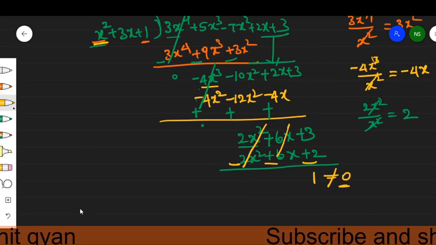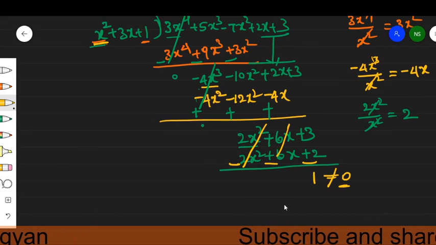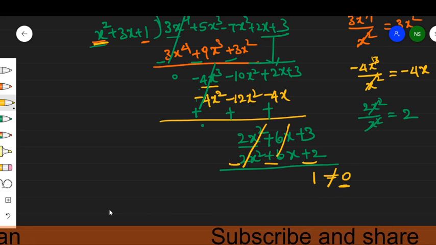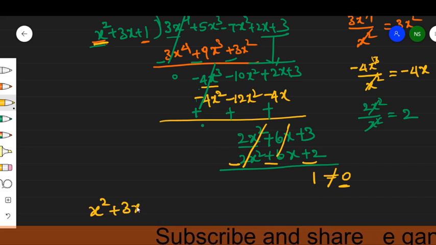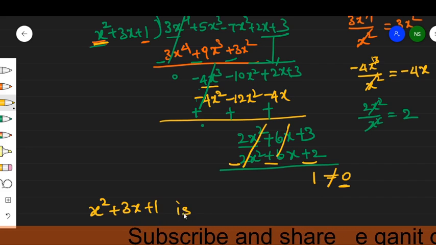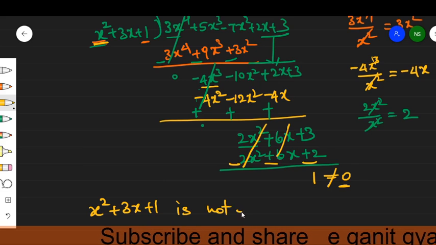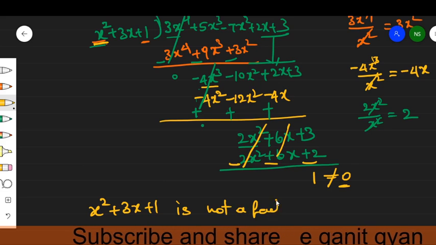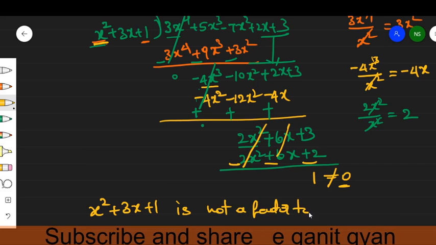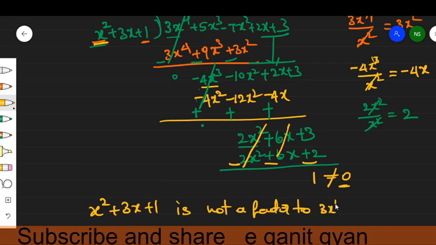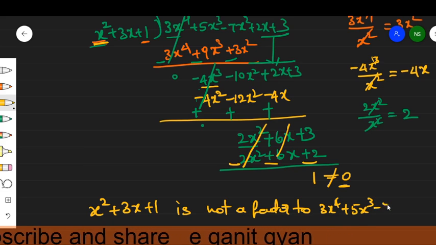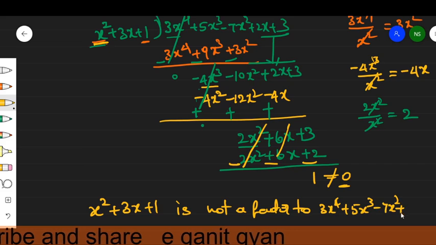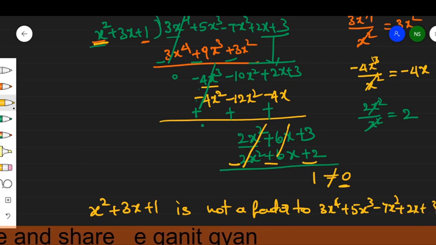We can say we are not getting 0 as our remainder, so we can say x square plus 3x plus 1 is not a factor of 3x power 4 plus 5x cube minus 7x square plus 2x plus 3.